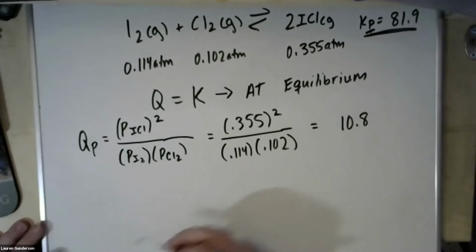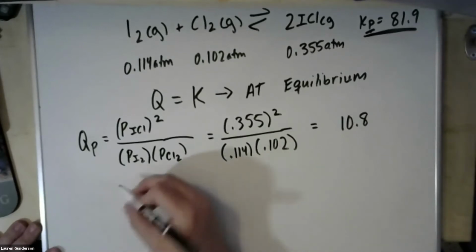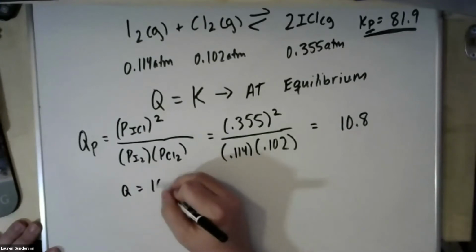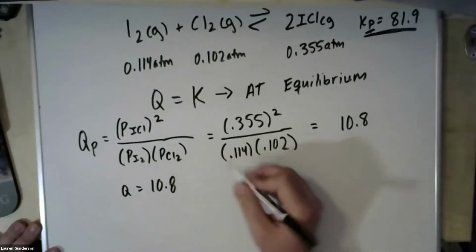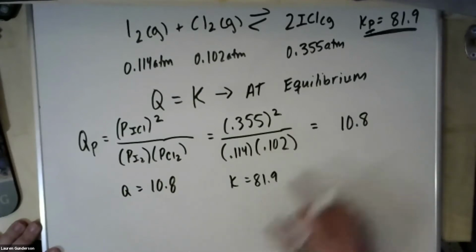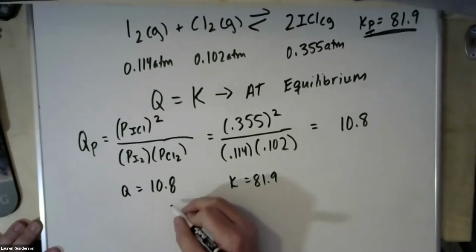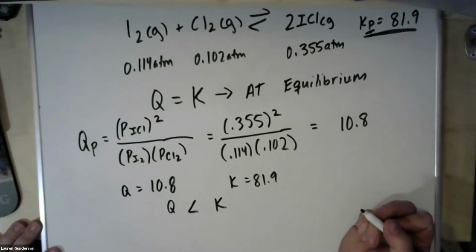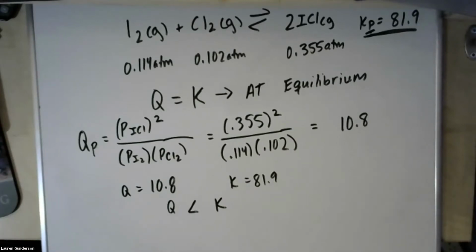Okay, so in this case, I'm going to write over here. My Q is 10.8. My K value is 81.9. They told me this at the beginning of the question. So in this case, my Q value is less than my K value. All right.